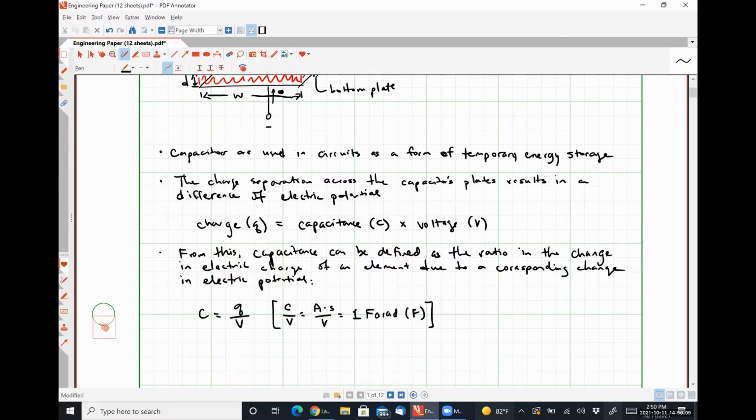So the ability of a capacitor to store charge is governed by 2 factors. All right.